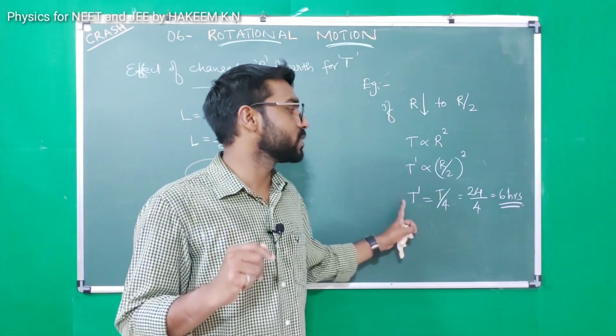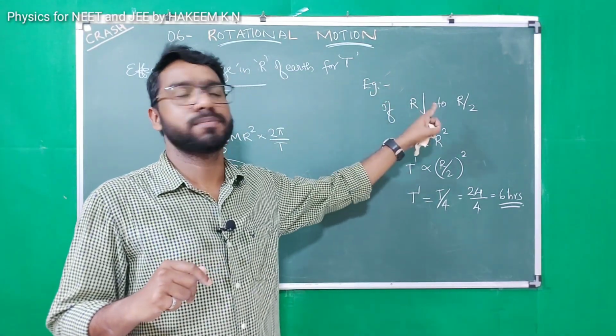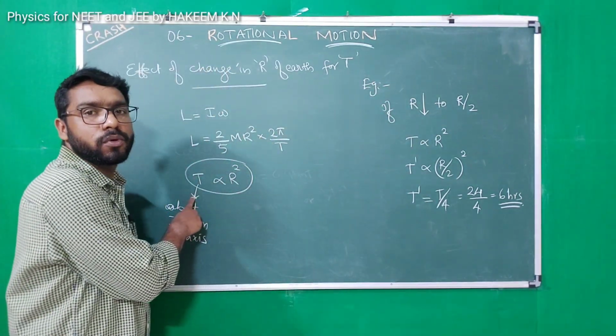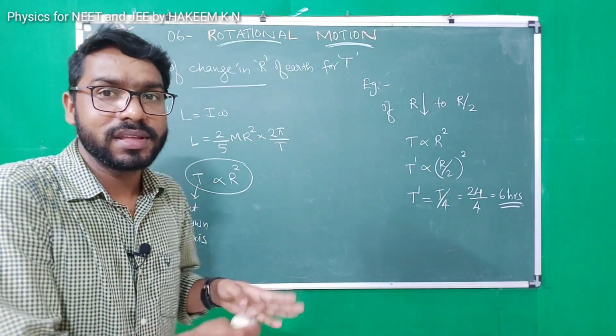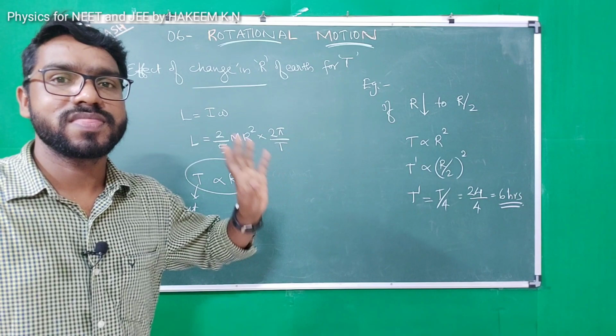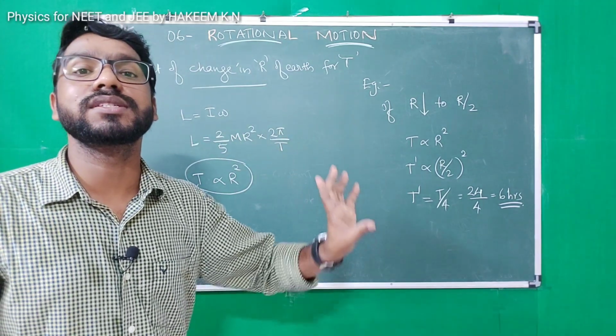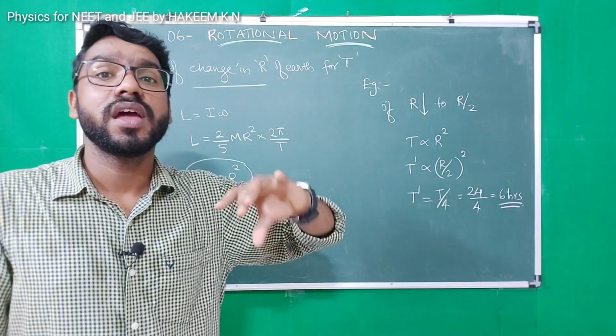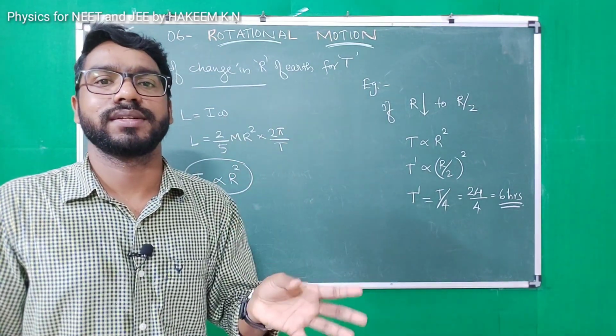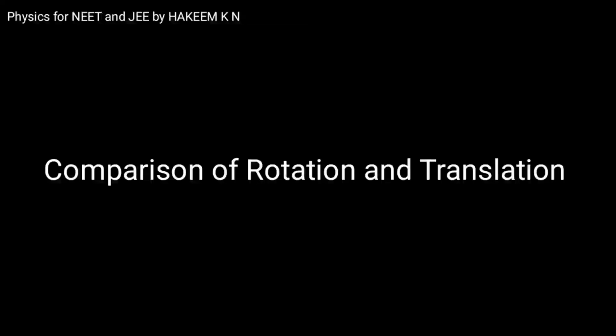That is what is discussed by this proportionality, T proportional to r square. Here again I am repeating, this time period is not the time period given in Kepler's laws. It is the time period of rotation of Earth about its own axis.